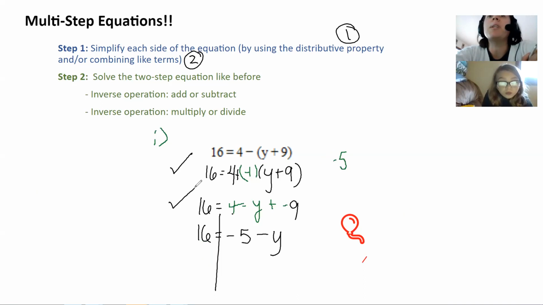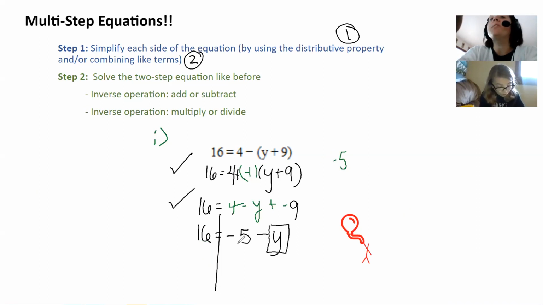Adding 5, right? So we want to get rid of the constant first, because remember, the whole goal here, guys, is to get y by itself. So the opposite of subtracting 5 is adding 5.